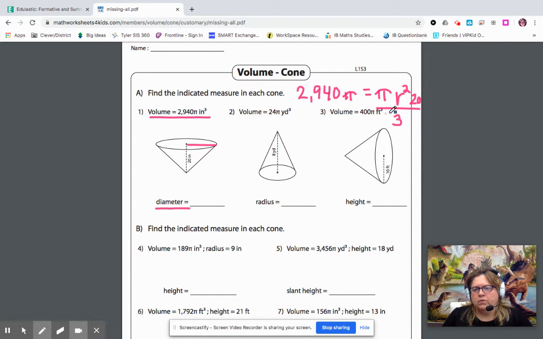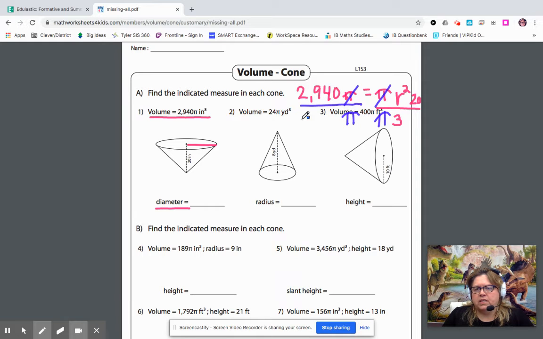Well, the first thing that I can do is take pi out of both sides, because this pi right here is going to cancel this pi right here out. Technically, I am dividing both sides by pi when I do that.